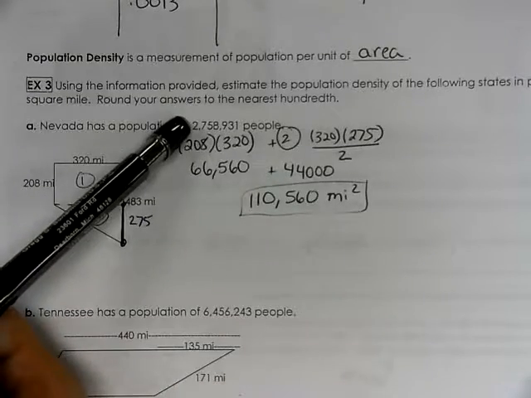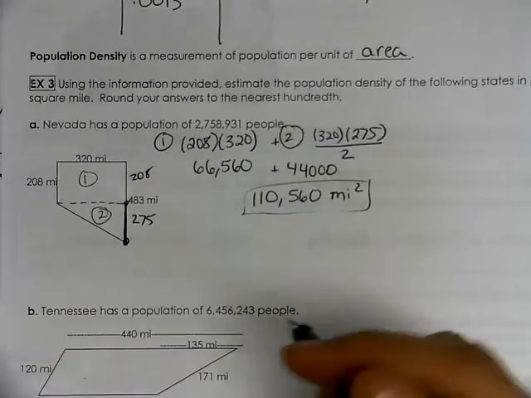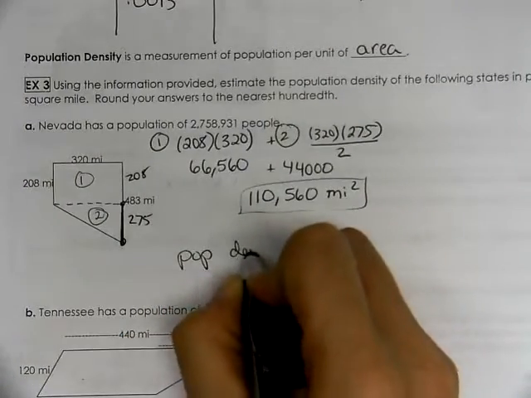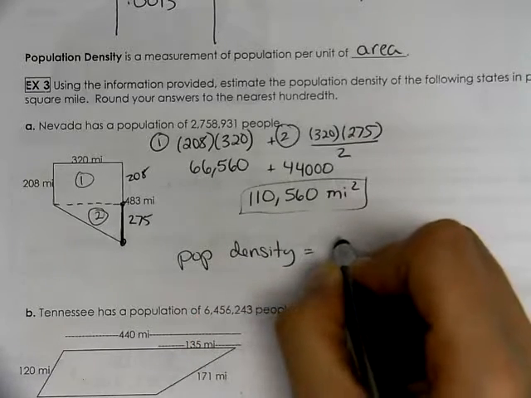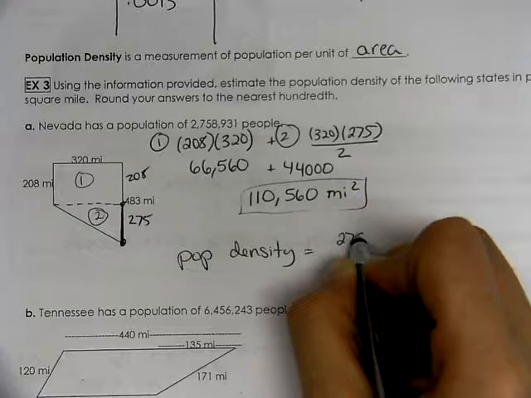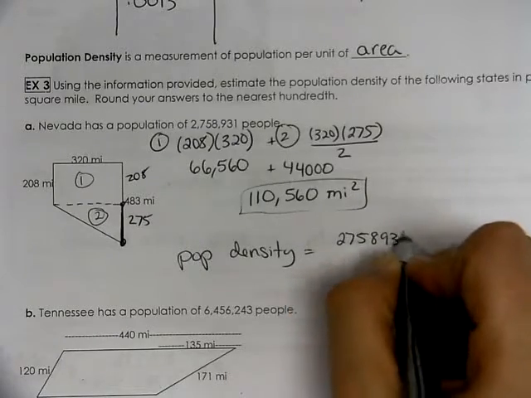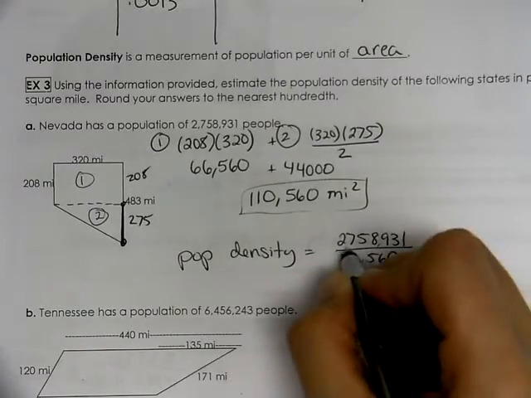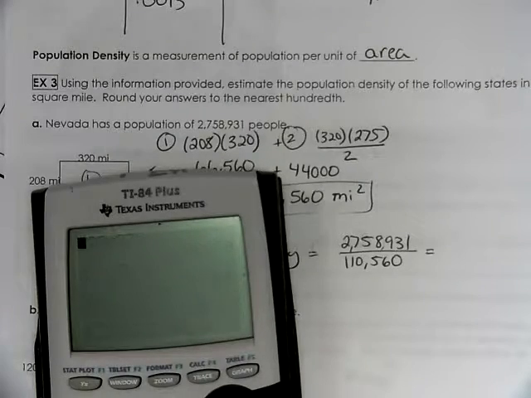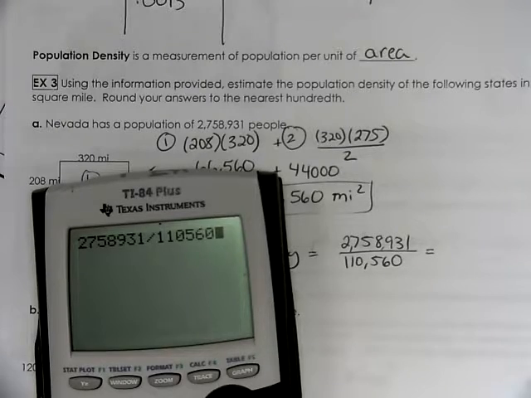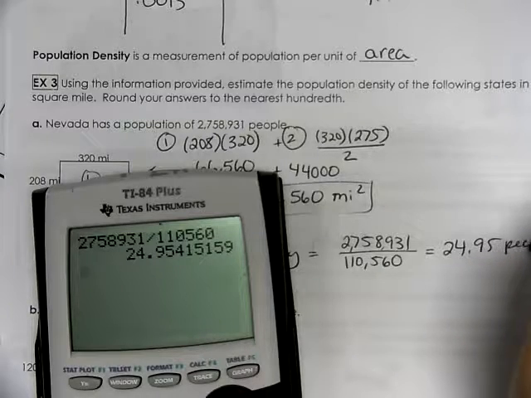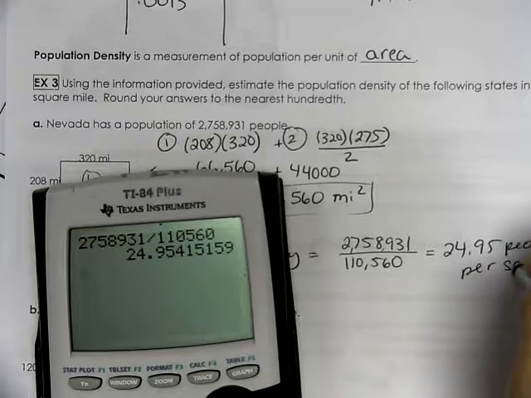So I'm going to take the amount of people and divide it by the area. So we get 24.95 people per square mile.